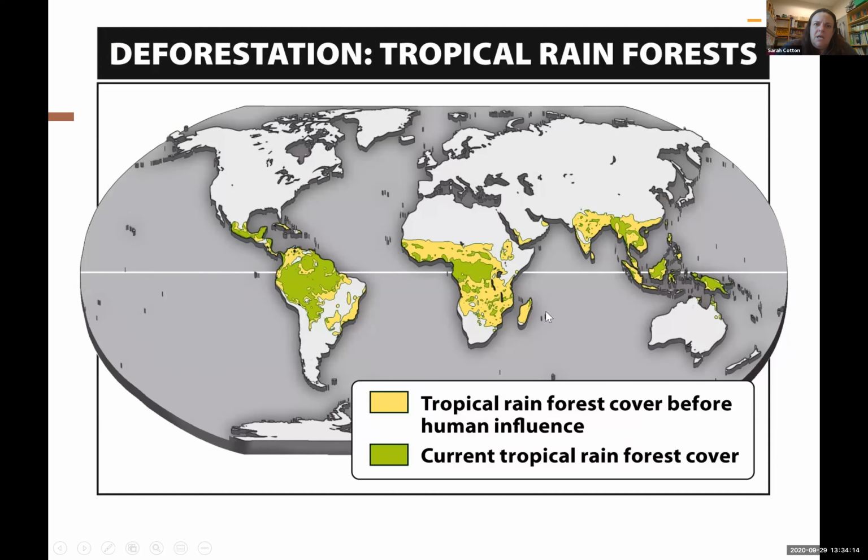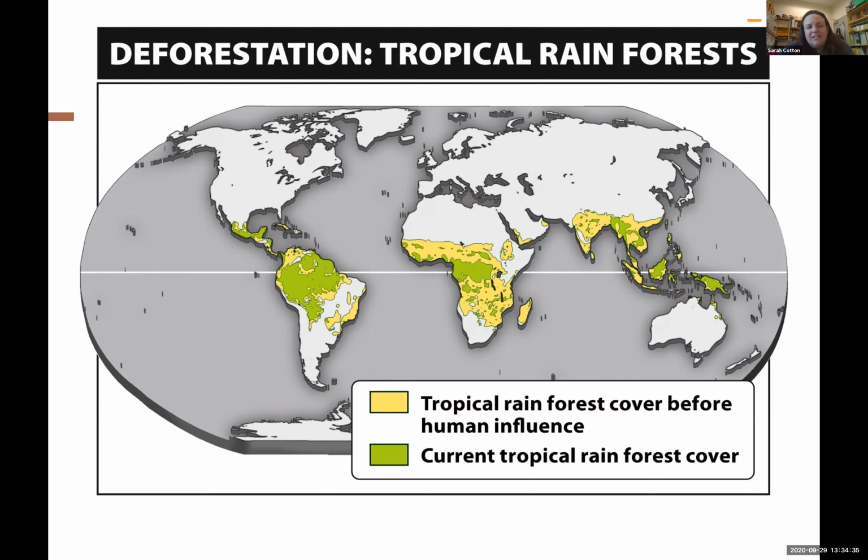Okay. All right. So there's a lot of deforestation that is happening worldwide. One of the places that is of most concern is tropical rainforests, partly because it's a very productive and unique ecosystem.